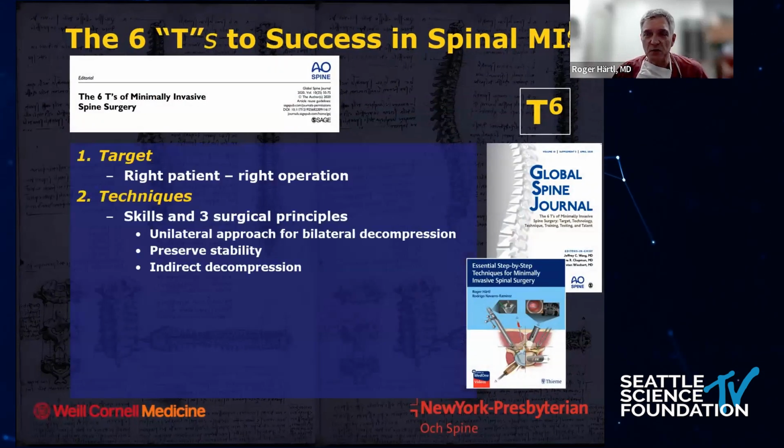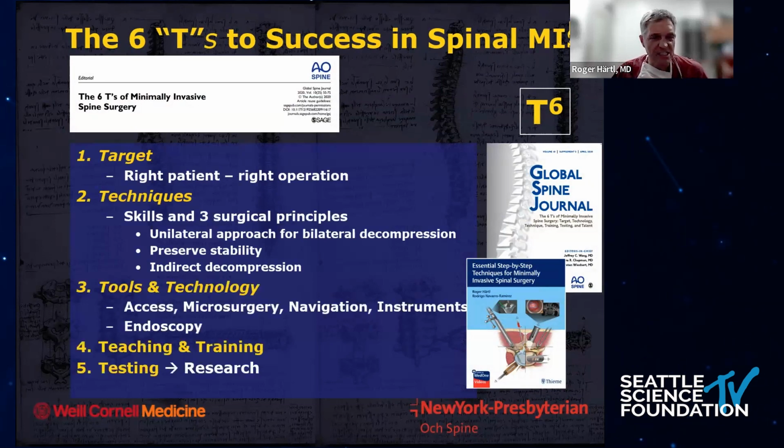And in this book and in several talks, we kind of put together some of the aspects of surgical development that all of us go through and that are important in addressing and going through properly, sometimes with training, with teaching, with mentors, to avoid complications and to be successful in any type of spine surgery, but especially in MIS, because it is sometimes technically a little bit more demanding.